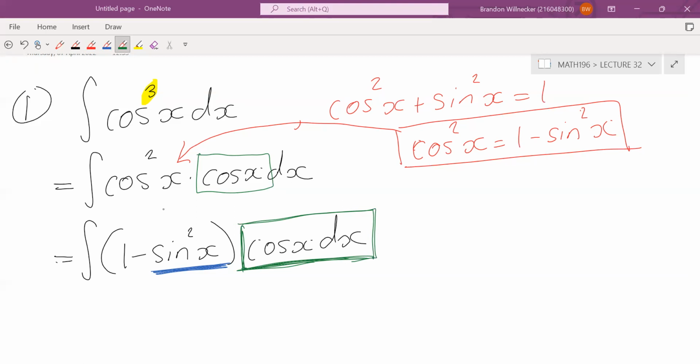So what do you think we should do? We've got 1 minus sine squared, and then outside we have cos x dx. What does that remind you of? Think about the relationship between sine and cosine. Yeah, anyone?